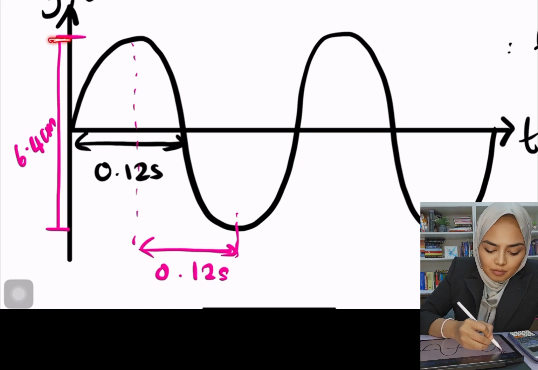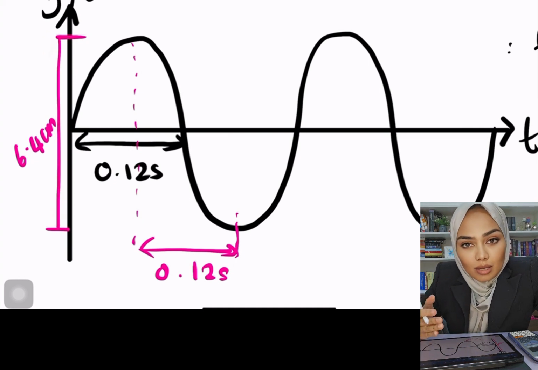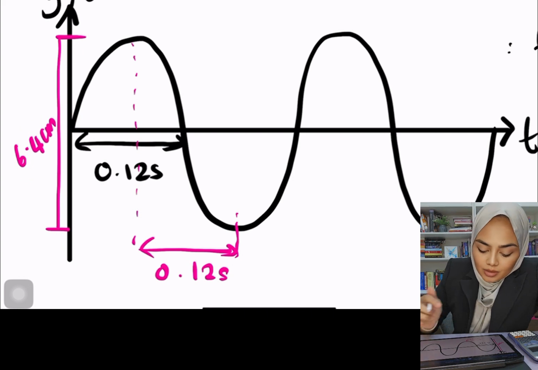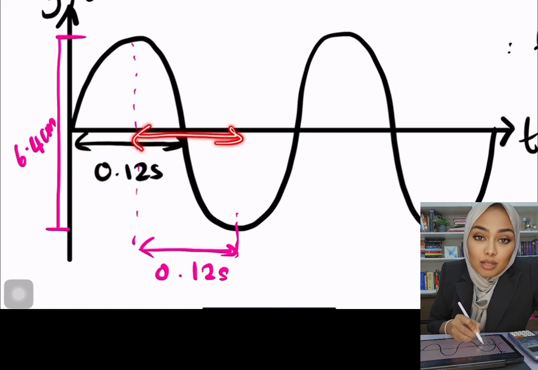So logically from two consecutive points tu ialah daripada amplitude ke amplitude lah. Okay, but in terms of time, it can be from equilibrium to another equilibrium, ataupun daripada amplitude to the negative amplitude. So itu kita punya 0.12 saat.